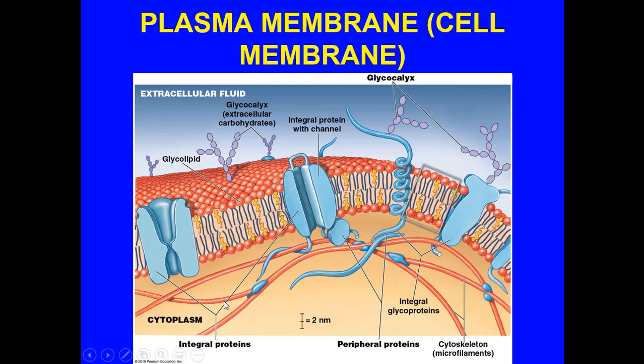Now, water molecules pass through, but they require a certain channel. The same thing goes for charged ions such as sodium and potassium. They will go through a certain channel area. Otherwise, if it's a huge molecule like glucose, or even larger ones like starch or glycogen, it's not going to happen. It has to be brought inside by special protein structures, if it's going to be brought in at all.